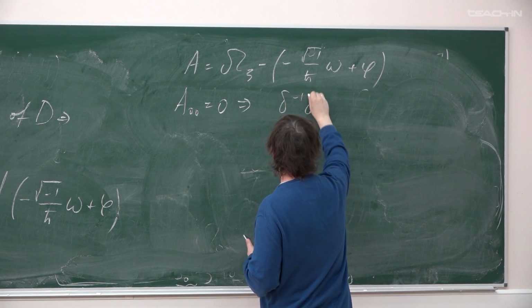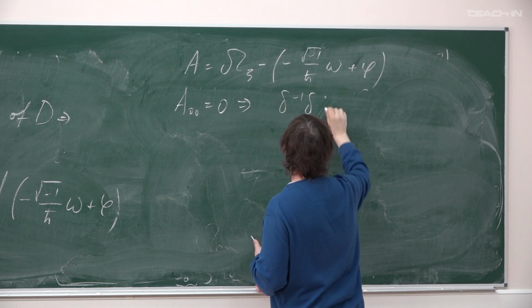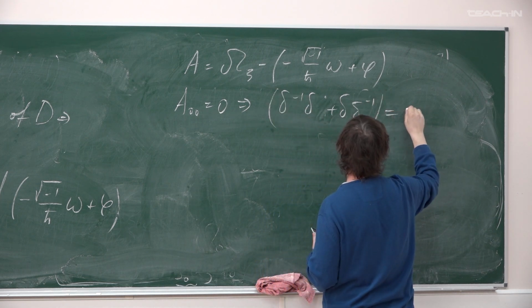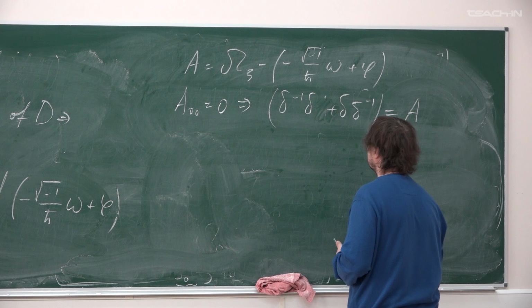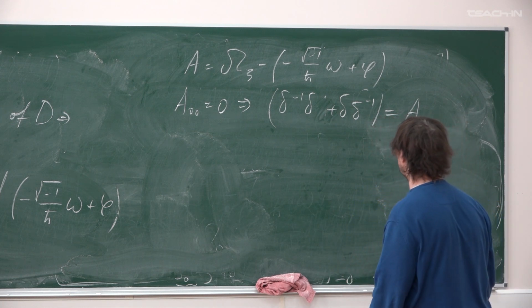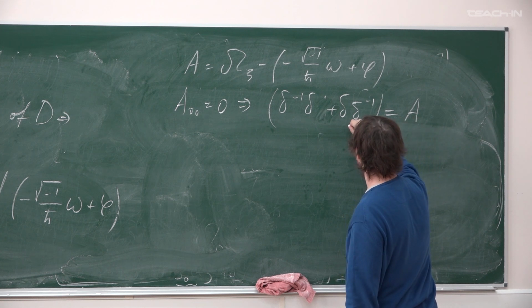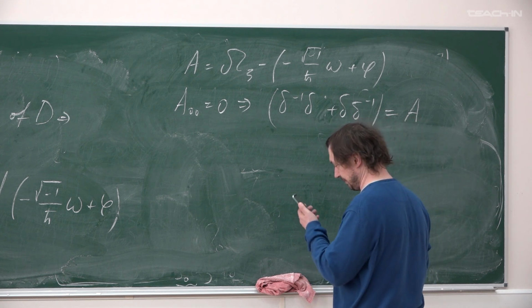delta minus first delta A, delta plus delta, delta minus first A is equal to A. But we also know that delta minus first A is equal to 0, right?